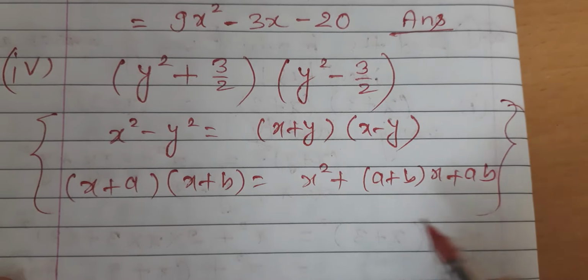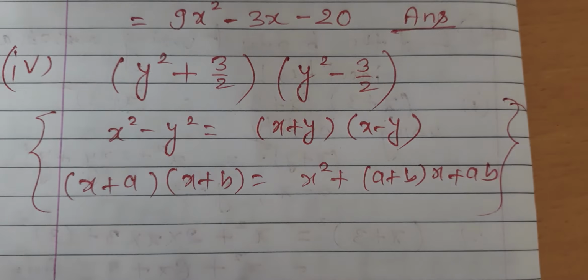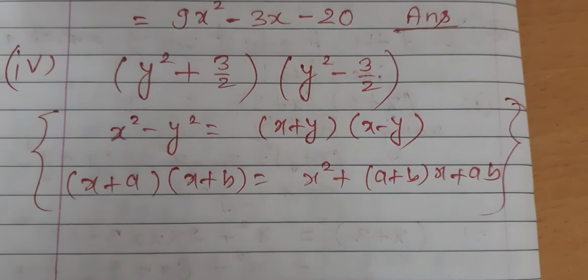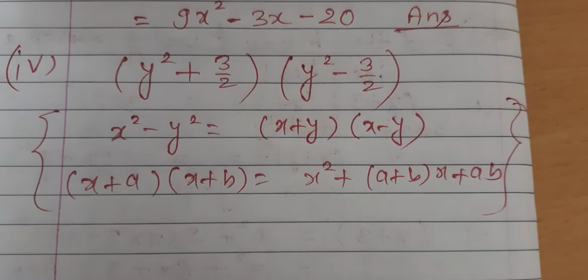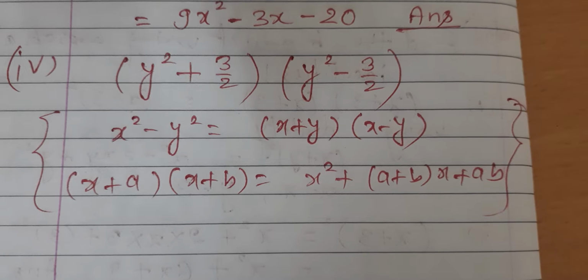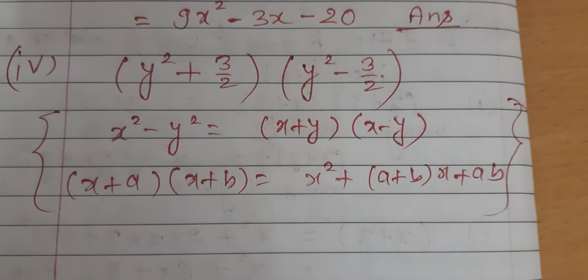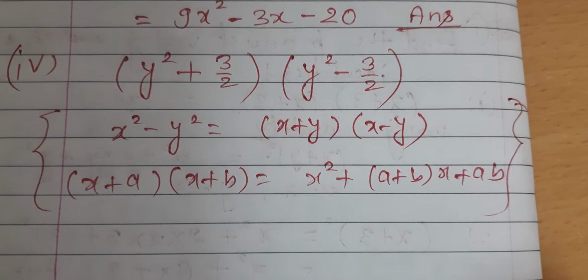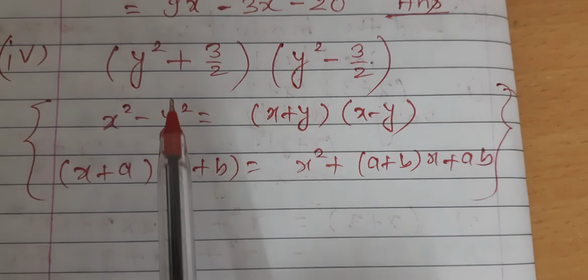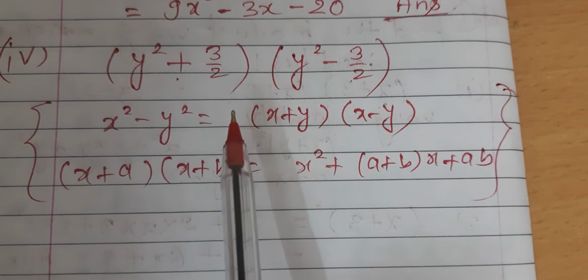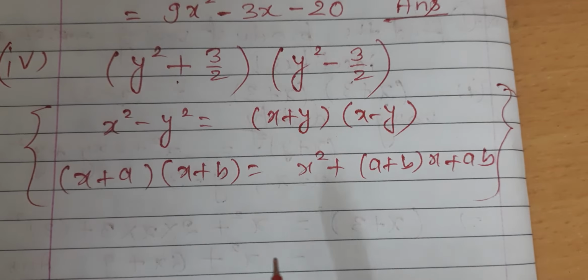This is for rough work only. We have to identify which identity we can use here. Of course, the first two identities we cannot use because we cannot write it in the form of a whole square. After observation you will find that to find the product of these two polynomials we can use both identities.